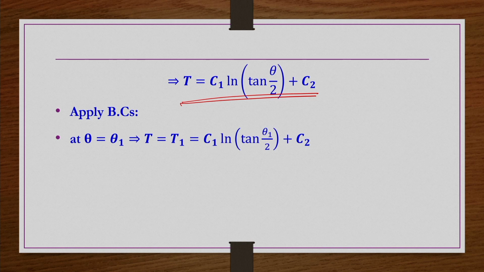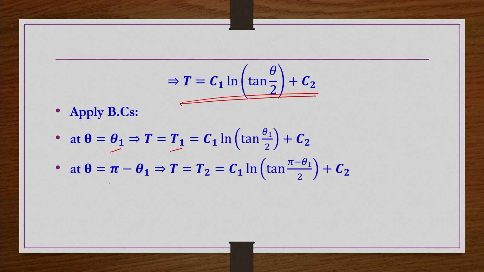At theta equals theta 1, T equals T1, that is given. So, T1 equals C1 ln tan theta 1 by 2 plus C2. At theta equals pi minus theta 1, T equals T2, that is also given. So, that should equal C1 ln tan of pi minus theta 1 by 2 plus C2.